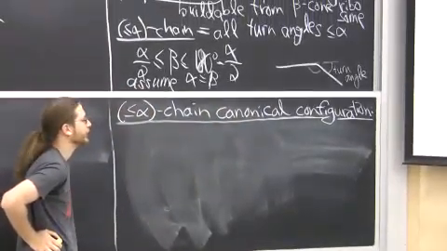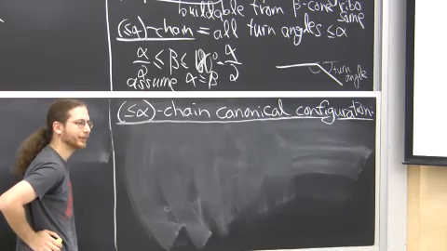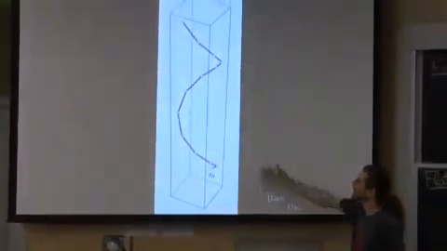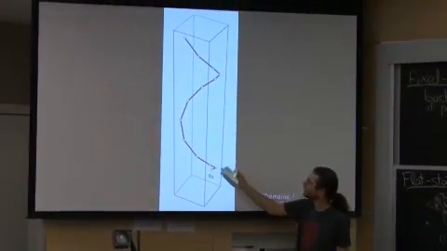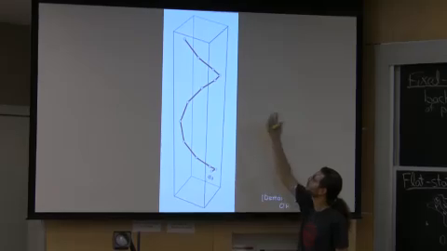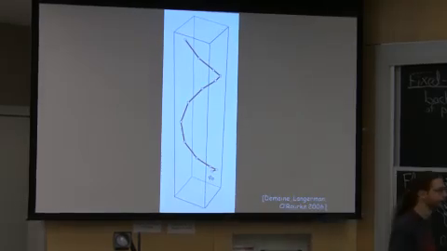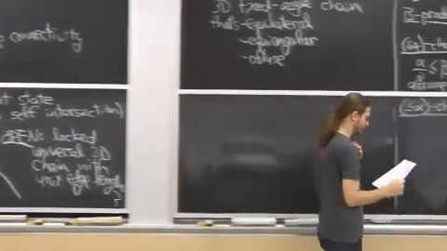So it's going to be kind of like a helix. I think I have an example, an actual computed example. That's not the best picture because you can't see everything that's going on. But this is an actual canonical configuration of a particular chain. Let me tell you how it works in general.